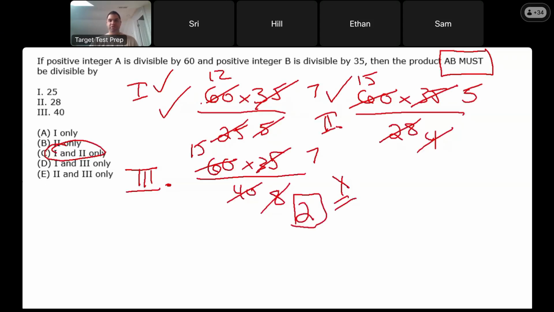Because 25 breaks up into two 5s. You have a 5 that goes into 60 and a 5 that goes into 35. This is exactly why prime factoring isn't worth it, in my opinion. It's not needed. Prime factoring here is precise, but it's time-consuming, and it's adding elements that are going to make things complicated. So I would much rather just reduce down my numerator and denominator and then call it a day.